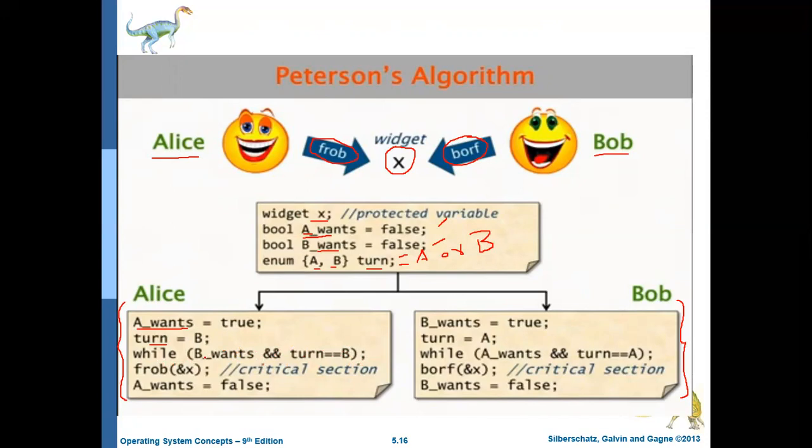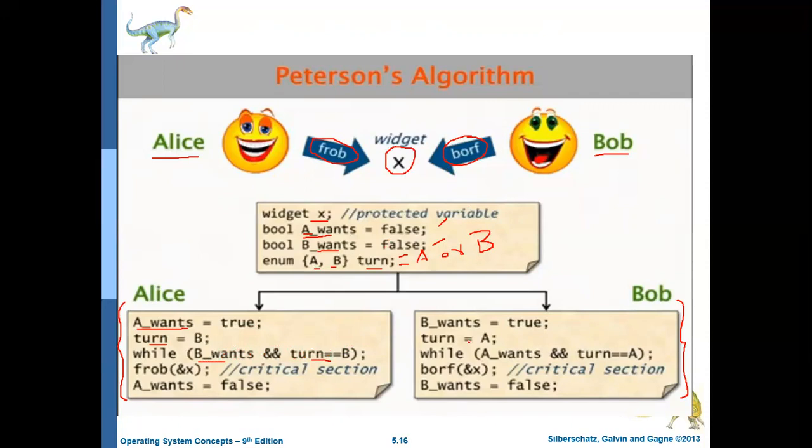It checks while B wants and turn equal to B. Turn is B, that we know, because Alice is setting turn as B. But we don't know whether B wants is true or not. If Bob also wants to perform an operation at the same time, then B wants will be true. If both of these variables are true, then this will become a spin loop or spin lock, and Alice will keep on waiting. It means that during that time, Bob is in the critical section.